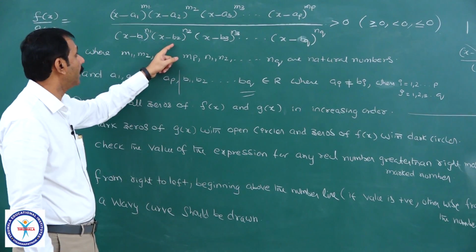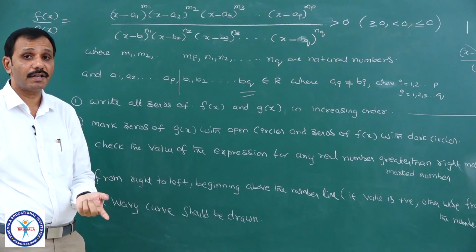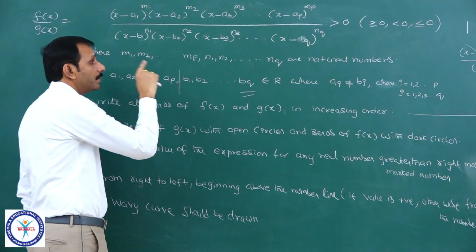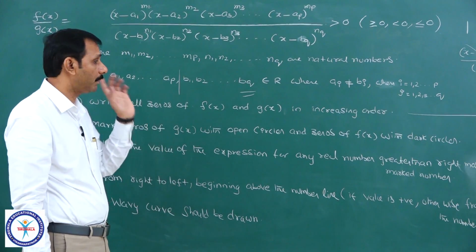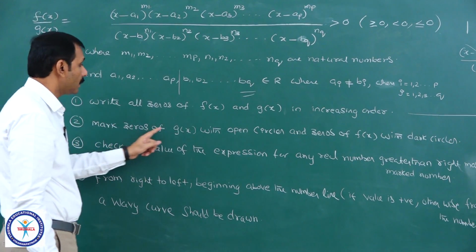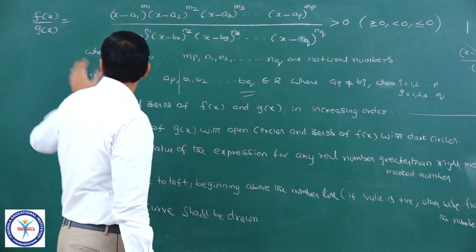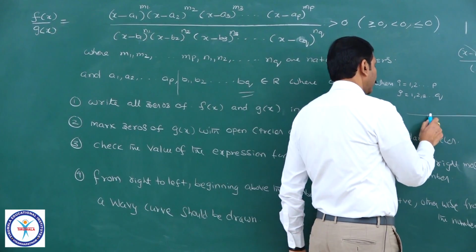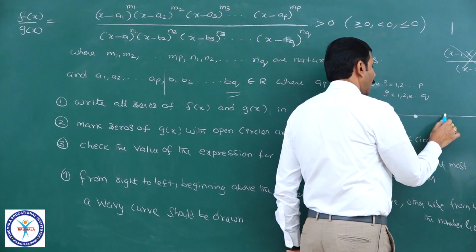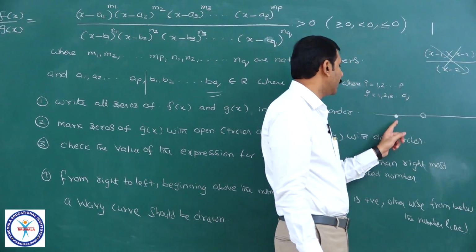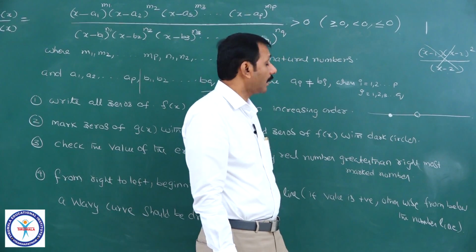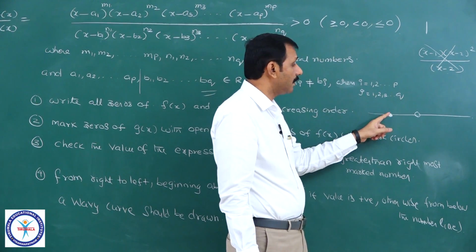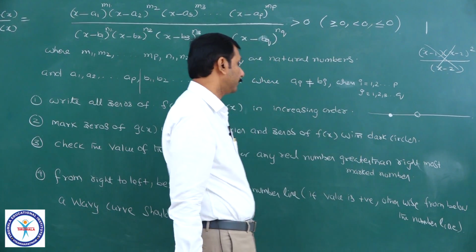Because the zeros of the denominator, which we call points of discontinuity, should not be included: whenever x equals b1, the denominator becomes 0 and it is not defined, as we have already discussed in problems. Therefore, mark the zeros of g of x with open circles and the zeros of f of x with dark circles. An open circle indicates that this point should not be included in our solution. If equality is there, then this point should be included in the interval, that is all.